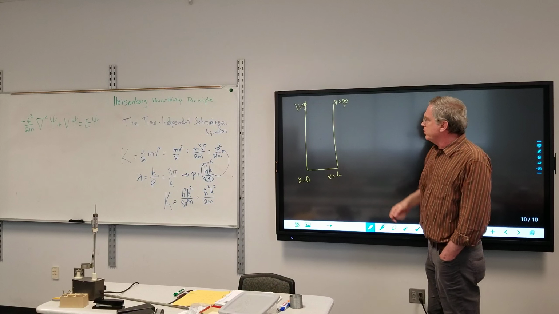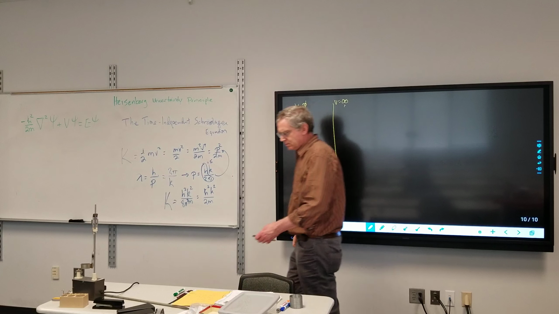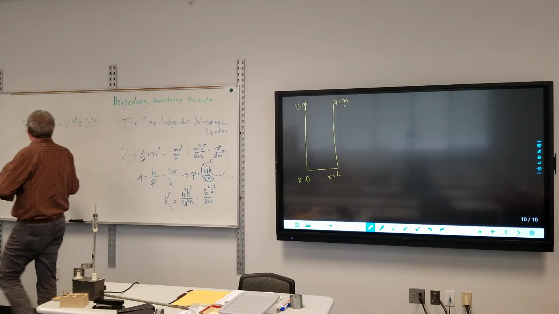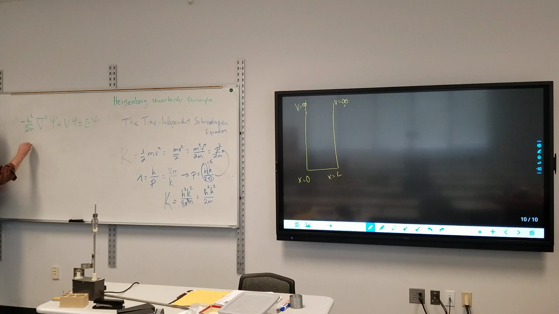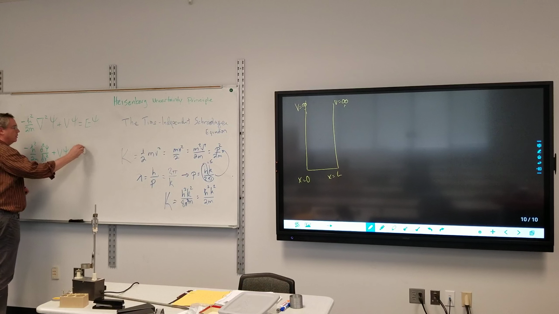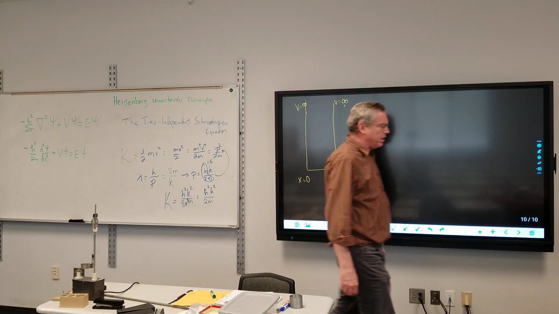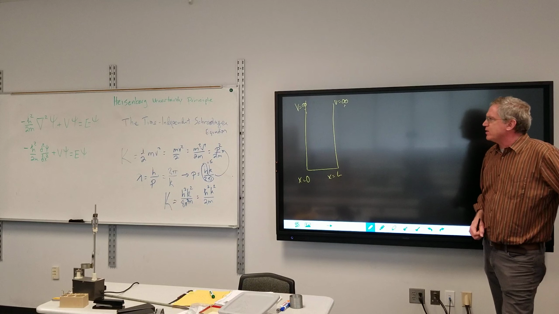That's the equation we're working with over there, or at least the one-dimensional version of that. So negative h bar squared over 2m, second derivative with respect to x. So we just need to come up with an equation that will satisfy that.